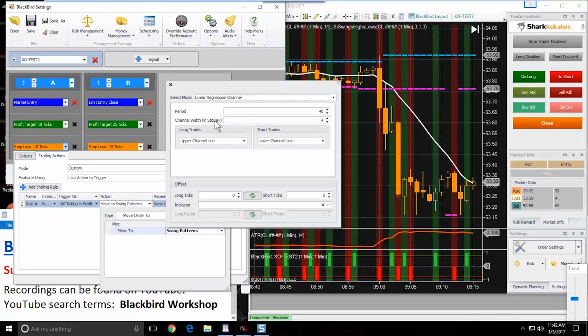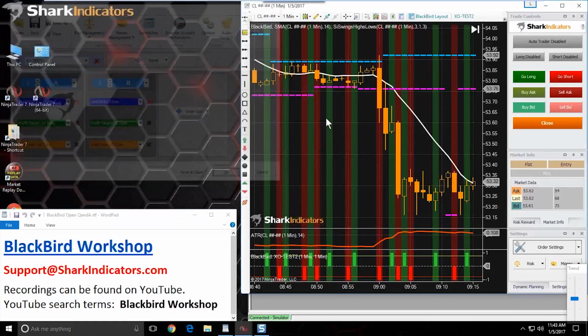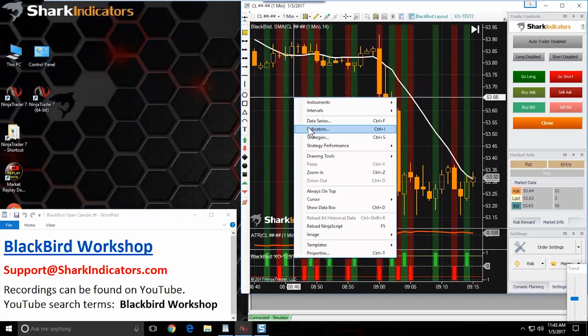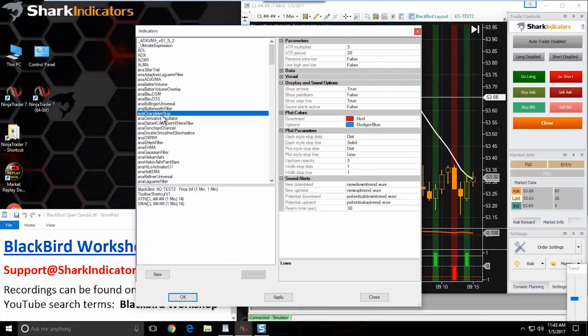All right, let's see, linear regression channel. Well, again, you could set your stop loss to match the upper channel, the midpoint of the channel, or the lower channel. So let me get a regression channel indicator on here so we can have a practical visual on the chart.